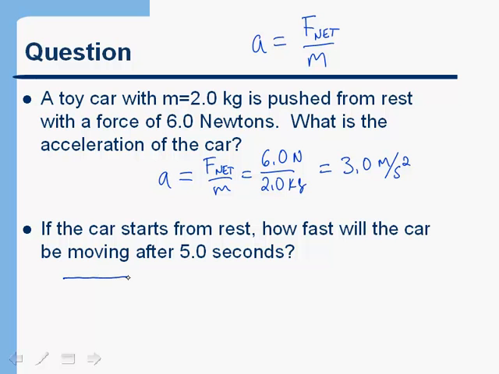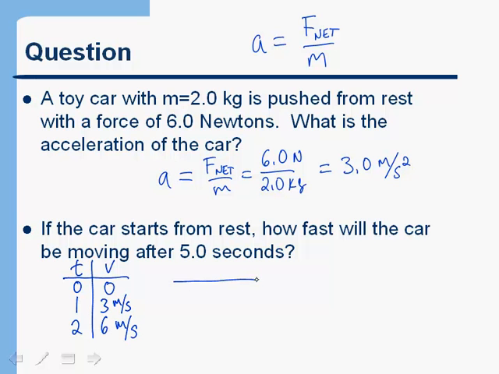Well, if it starts from rest, when time equals 0, in other words, right when the motion starts, we kind of start our stopwatch, the velocity would be 0, and therefore after 1 second it will have gained 3 meters per second. After 2 seconds it will have gained 3 additional meters per second, so it'll be 6 meters per second.